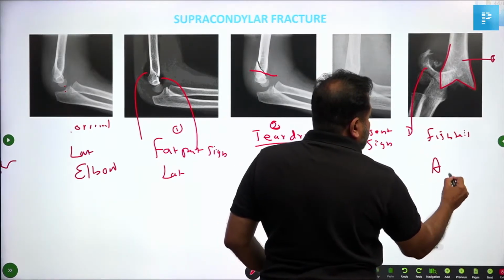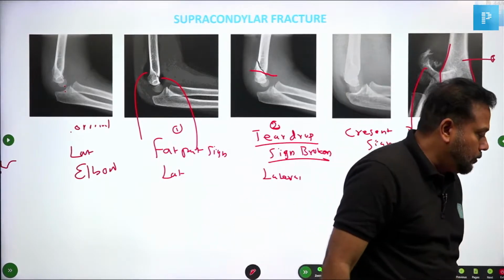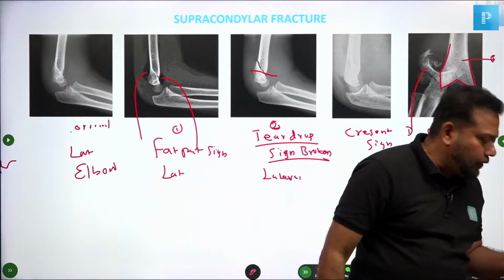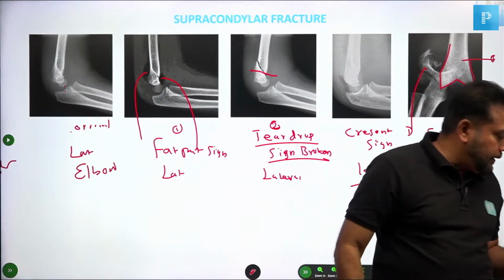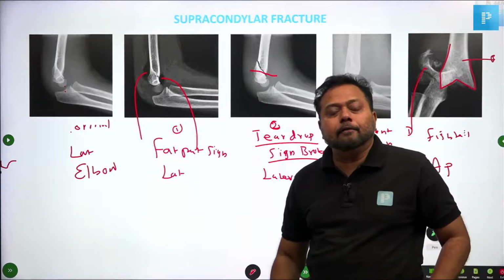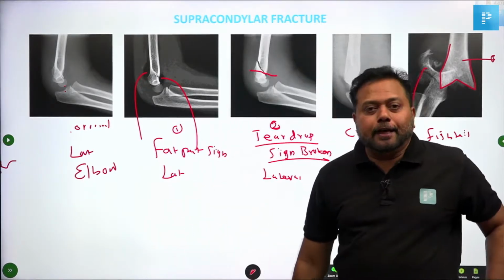AP view. So all the signs are in the lateral view. Only gunstock deformity is clinical. The only sign that is seen in the AP view is the fishtail sign.